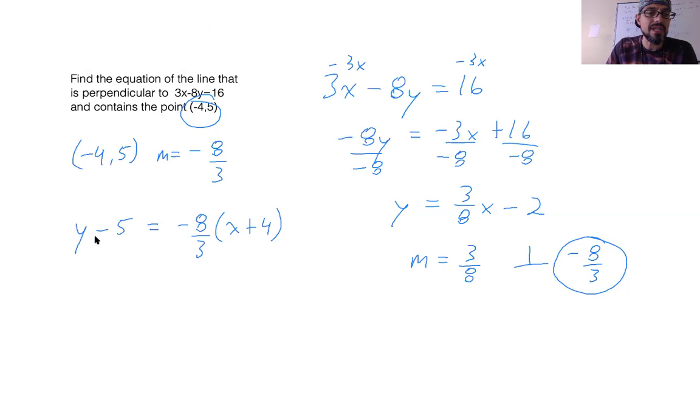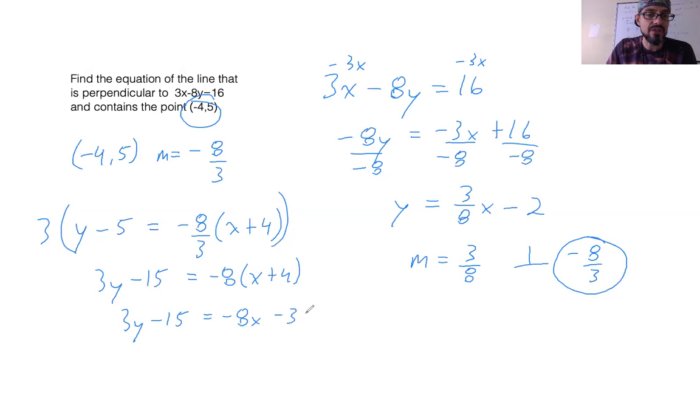Let's get rid of this 3 down here by multiplying everything by 3. 3y minus 15 equals -8 times (x plus 4). We will distribute that -8: -8x minus 32. Bring the 15 to the other side.